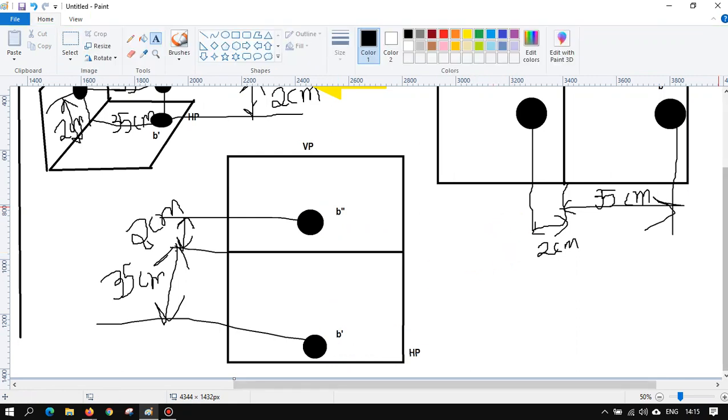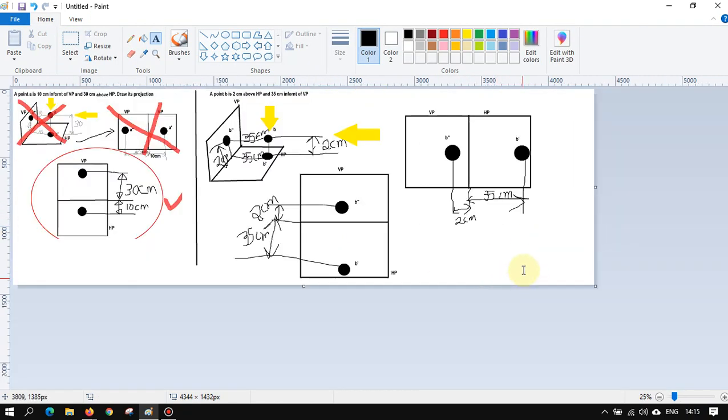So what you have understood from this is that you only have to draw this thing. You don't need to draw these two things. Now why am I doing this? To make you understand that this is what is going to happen. Is it clear to you people? Yes, sir.